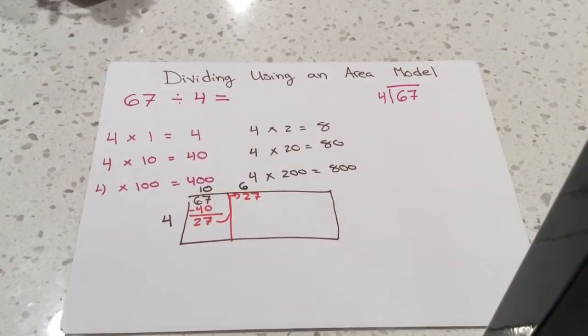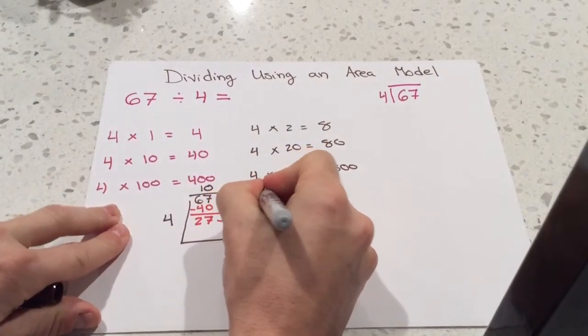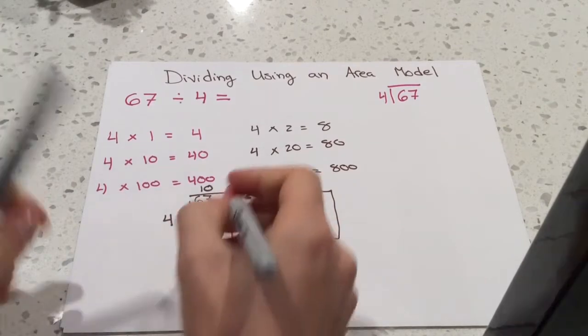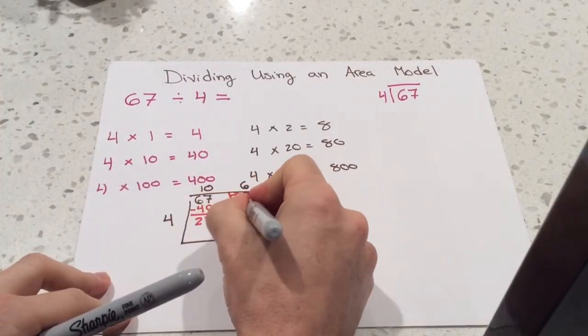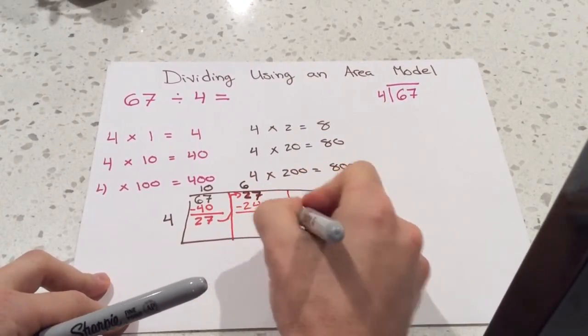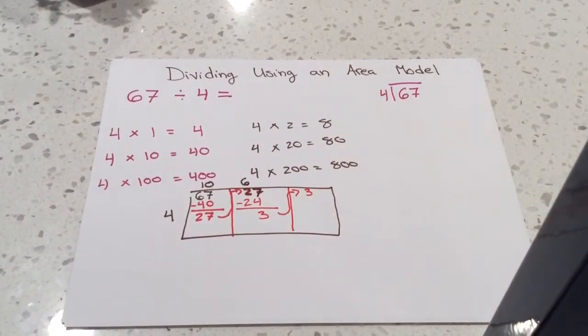I'm going to go over this in brown just to stay consistent. When I take out 6 groups of 4, I'm subtracting out 24, and that leaves me with 3, and 3 would go back up to the top.